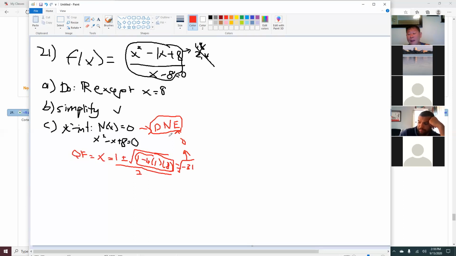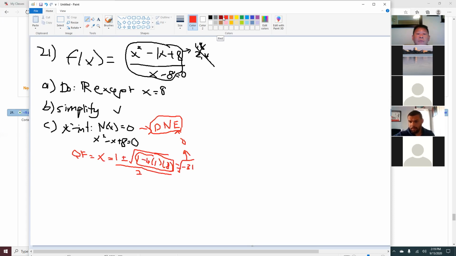So your x-intercept does not exist here. Make sure that if you cannot factor it, you use the quadratic formula. If your square root is a negative number, it does not exist. If your square root is a positive number, then you will have two answers, one with a plus and one with a minus. So in this case, this question does not have an x-intercept.